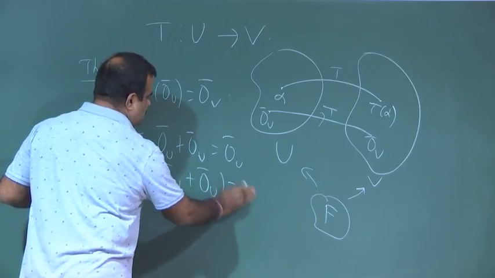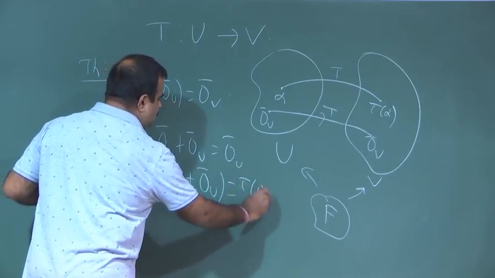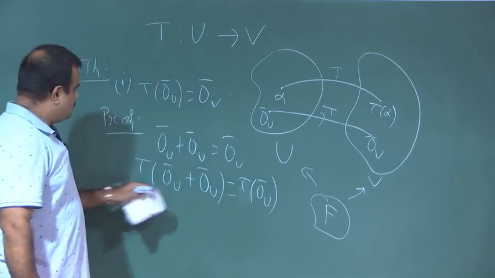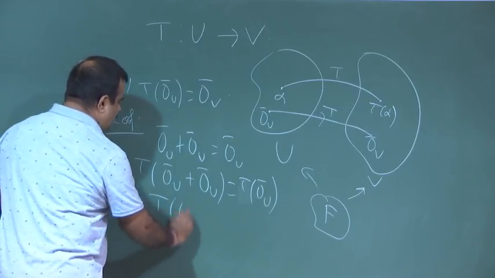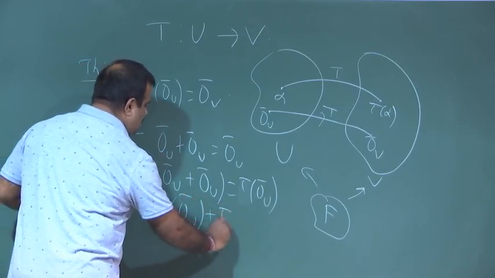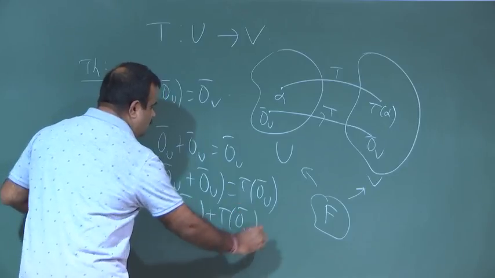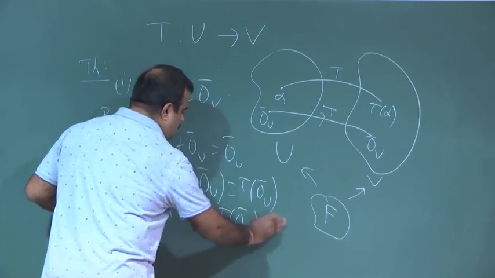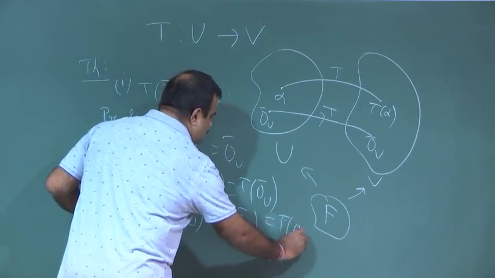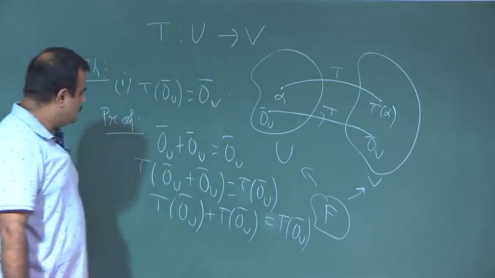So, this is T of 0_u. Now, since T is linear, T of 0_u plus T of 0_u is equal to T of 0_u.